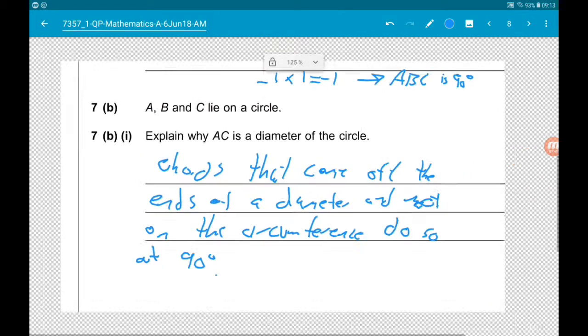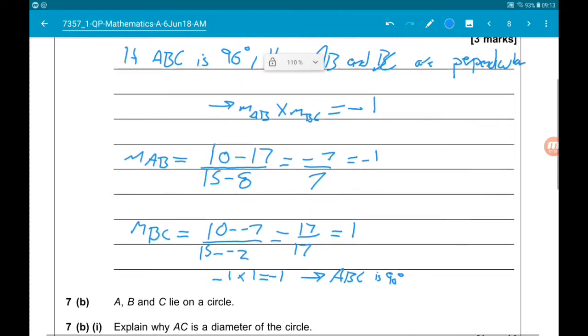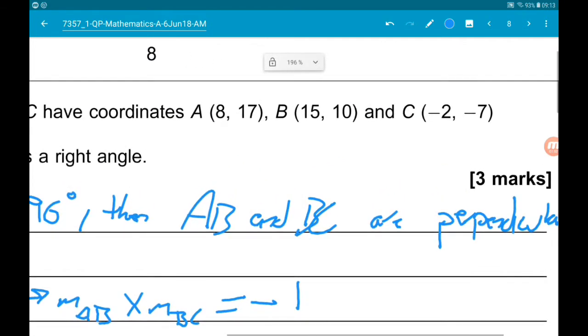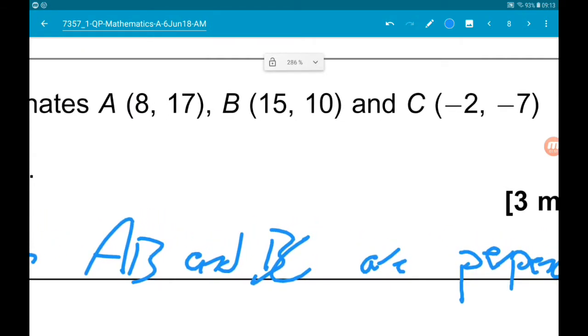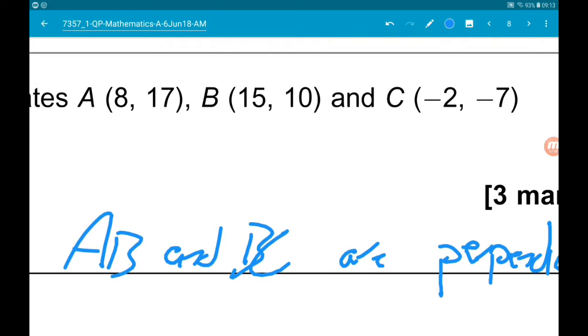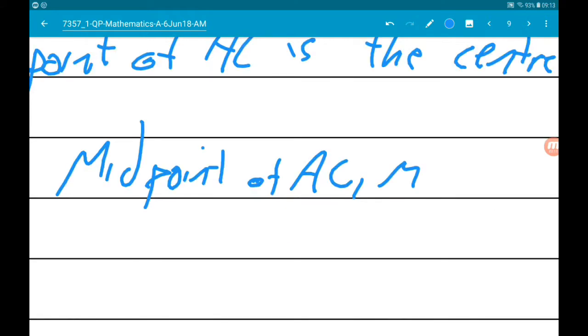Midpoints are the mean coordinates between 2 points. So the x coordinate is going to be 8 add minus 2 divided by 2. Now 8 add minus 2 is 6. 6 divided by 2 is 3.